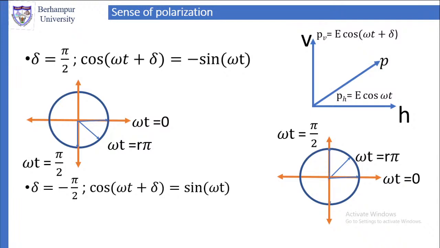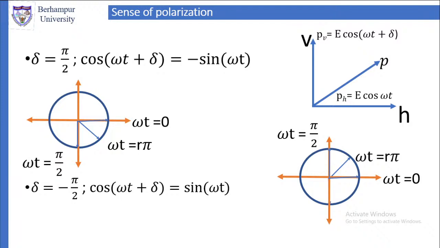Because of minus sin omega t, we will have a component which is downward, and cos omega t will have a component which is towards the right-hand side, from left to right, and the vertical component is from top to down. Therefore, we will get the second line. When omega t is not equal to 0, we will get the second line.